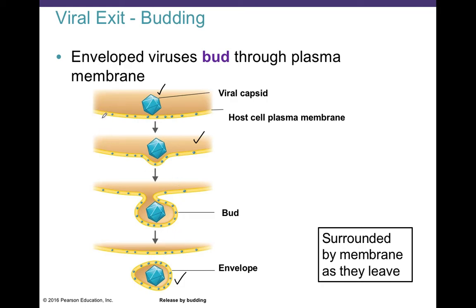The other interesting thing is that this is part of the way the virus gets its spike proteins. Those spike proteins are sent to the plasma membrane so that whenever that virus buds off, those spike proteins are included.